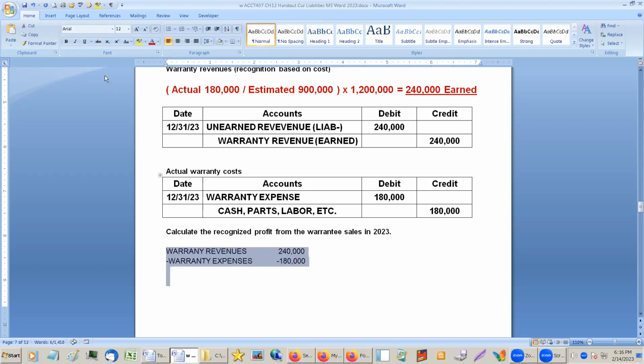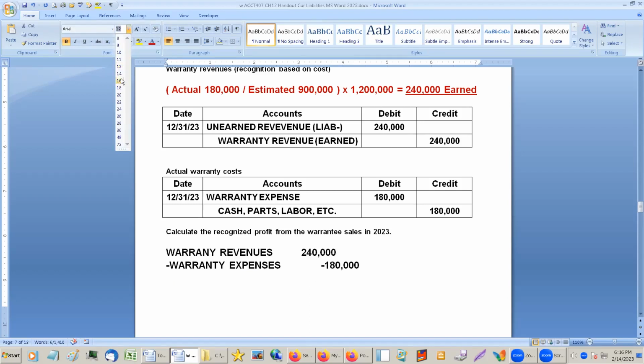I'm gonna clean it now. Bigger. So we have warranty revenues minus warranty expenses, and that will give us a profit of 60,000.